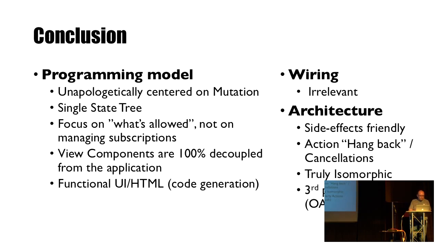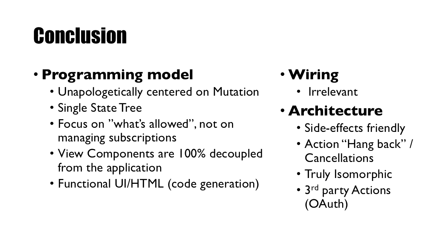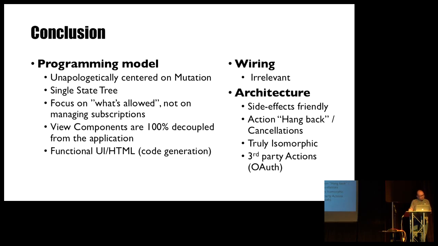It's also focused on what's allowed at any given point. You don't manage subscriptions. You just declare what's allowed as an action to be triggered or to present to the model. That's very different from having to subscribe and unsubscribe to events or streams.